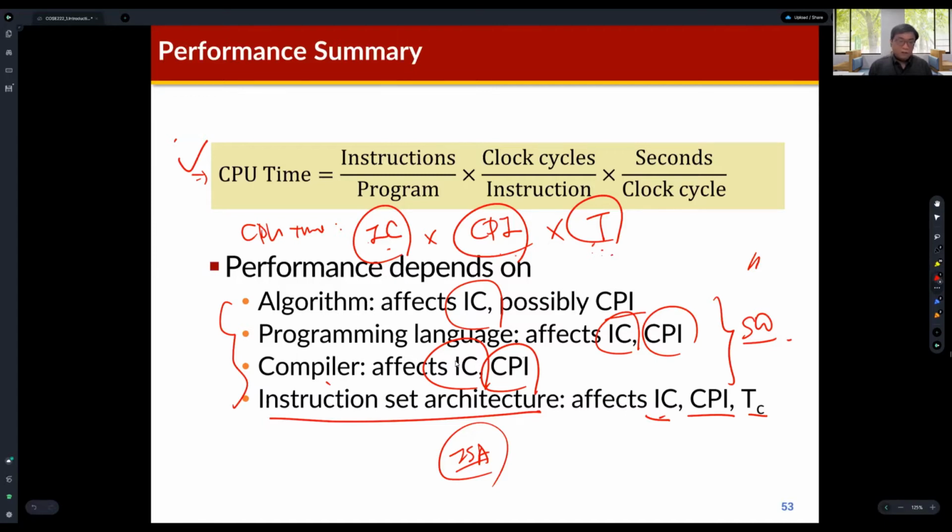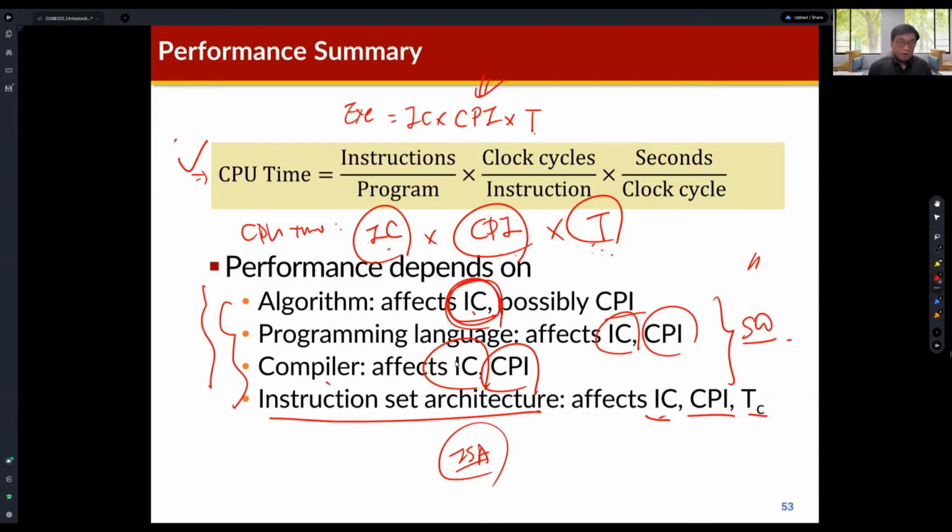So we can write this equation as execution time equals IC times CPI times T. As you can see, different factors influence these different components that decide the performance of computer systems. The algorithm, which is the software part, normally influences instruction count, and possibly CPI.